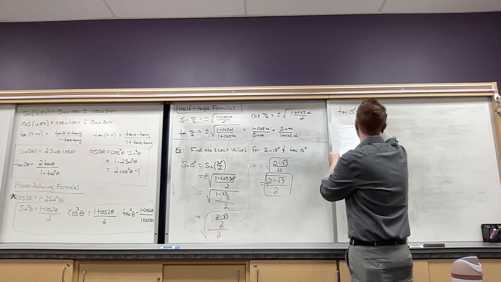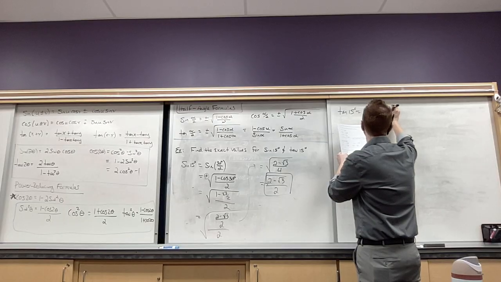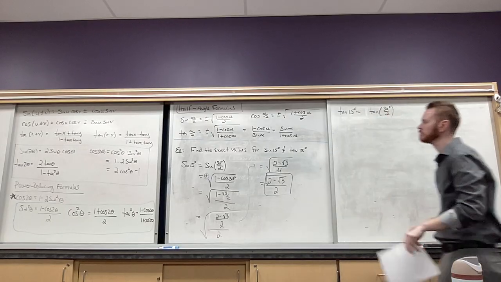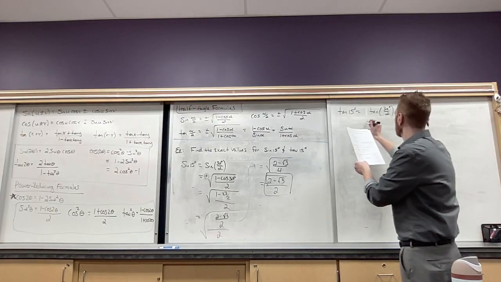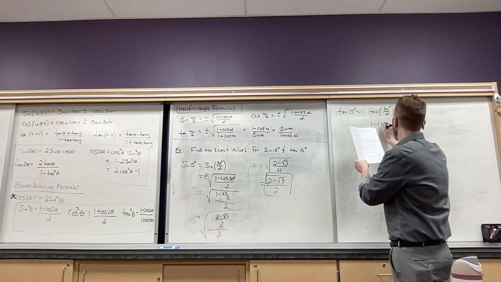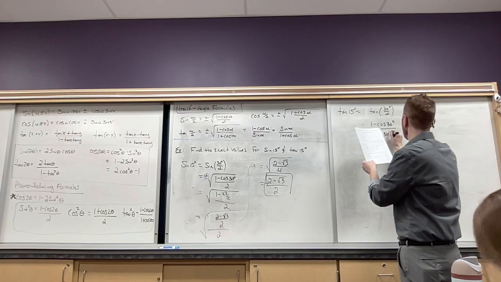So that's the same thing as tangent of 30 degrees over 2. Using the same process as sine, because 30 degrees we know what the tangent is. Okay, so it'll be 1 minus cosine of 30 over sine of 30 degrees.